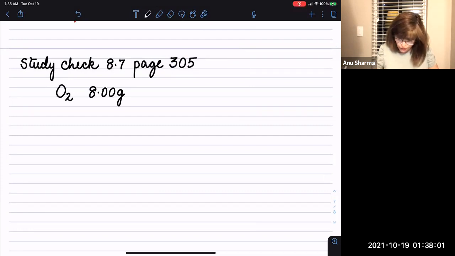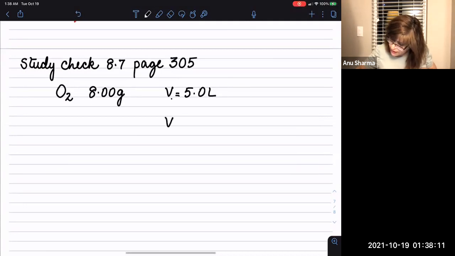Very important: if something is given to you in grams, you're going to convert it into moles. So here's this example, oxygen gas, 8.00 grams. A sample containing 8.00 grams of oxygen has a volume of 5.0 liters. What is the final volume in liters?